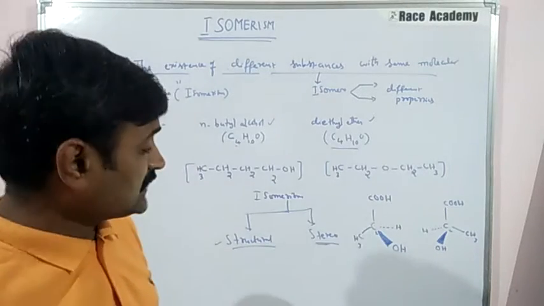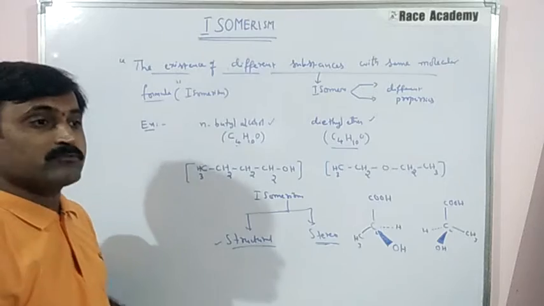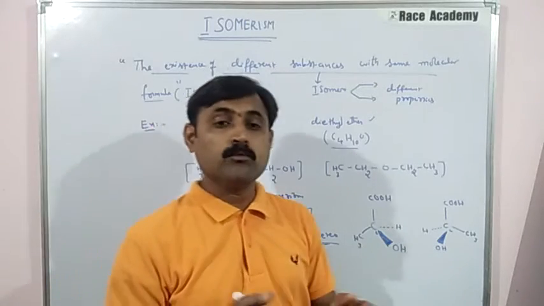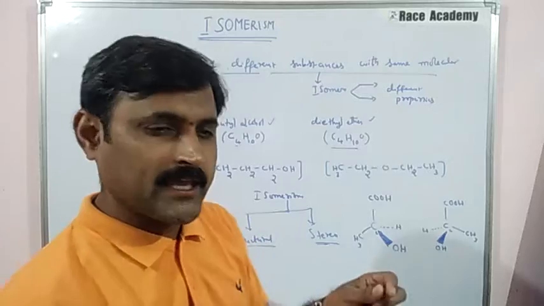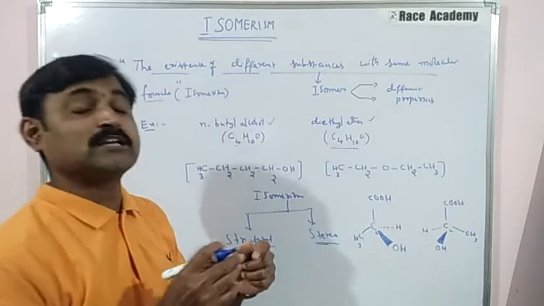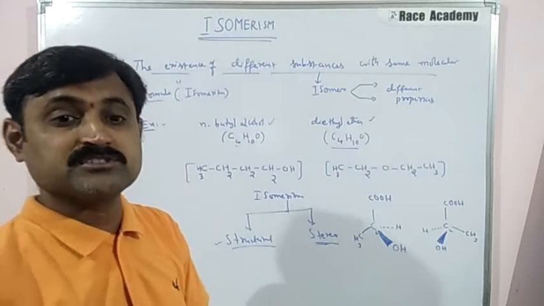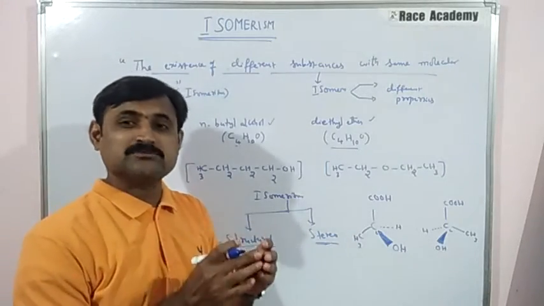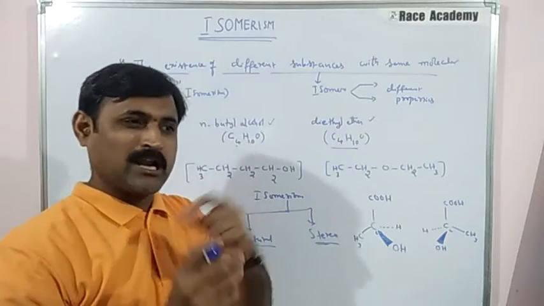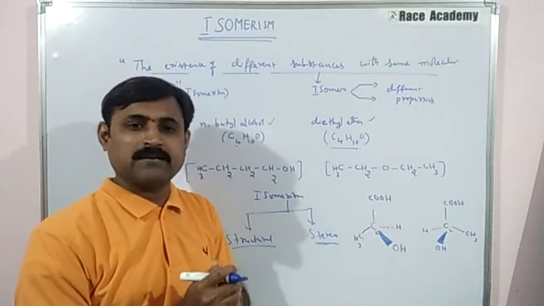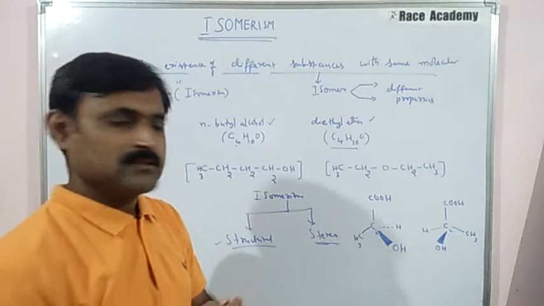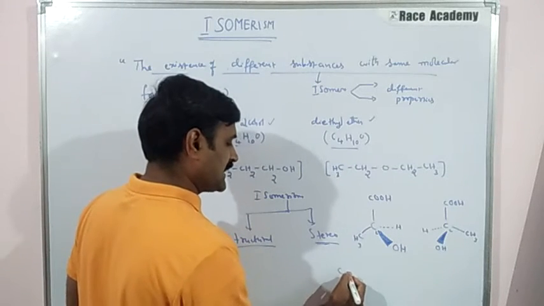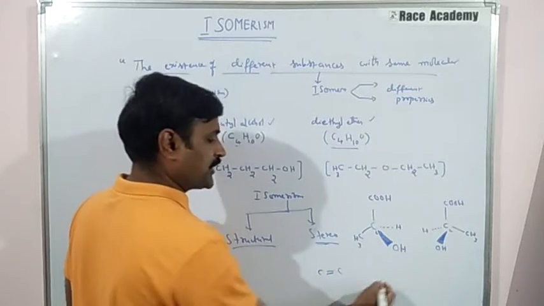Another thing in stereoisomerism is the double bonded compounds, the alkenes. If you take butene, it is said to exist in two different forms, where the arrangement of atoms and groups around the double bond is different but the basic structure is the same. Butene has two double bonded carbon atoms.